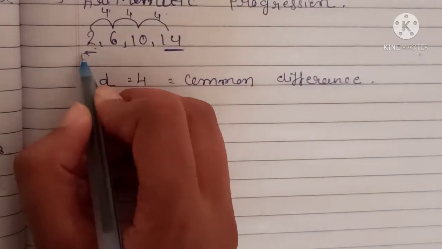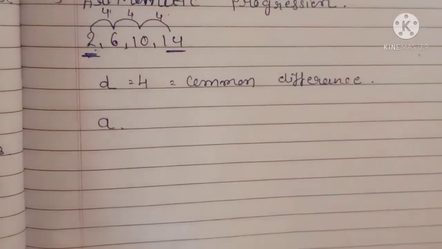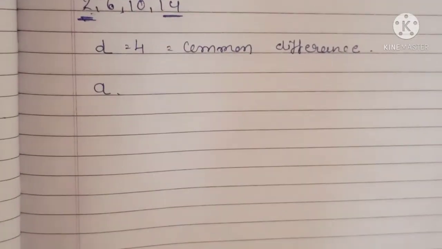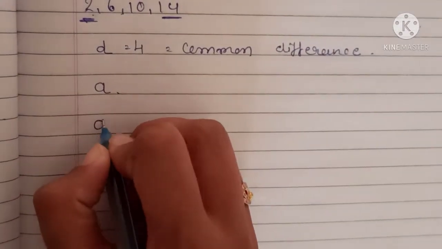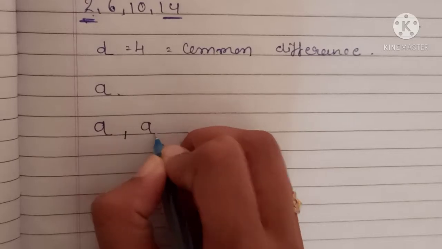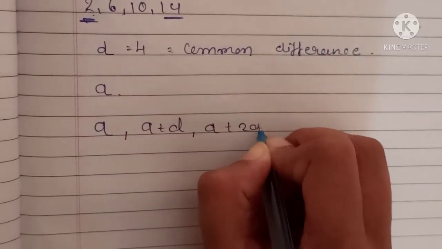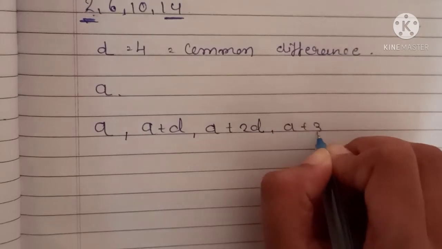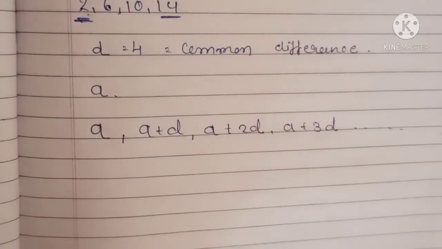The first term of the series stands as A, and if you have to find out how the format is made, the first term is represented as A, the second term is A plus D, the third term is A plus 2D, then A plus 3D. That is how the whole series is framed in the arithmetic progression.